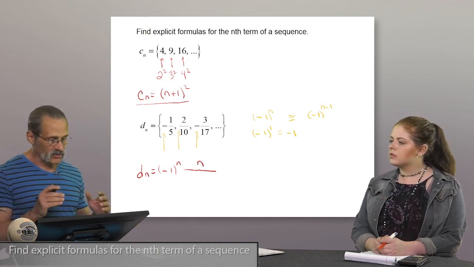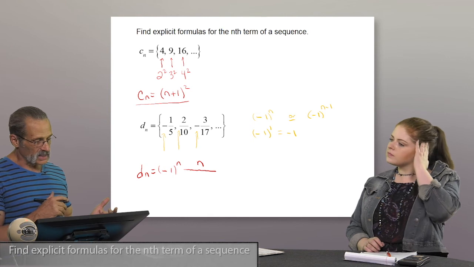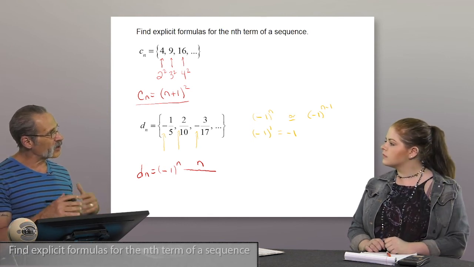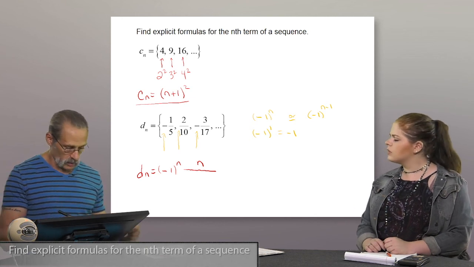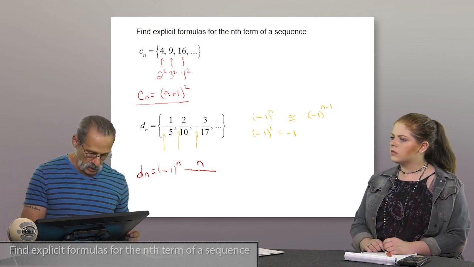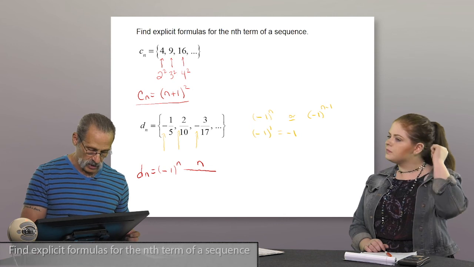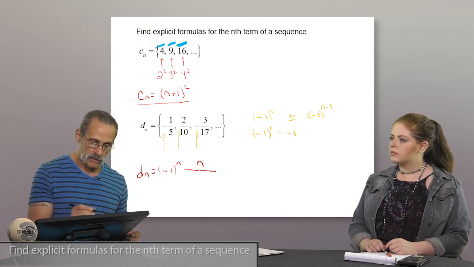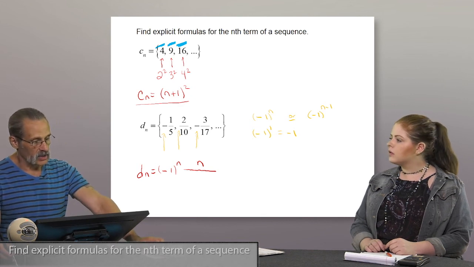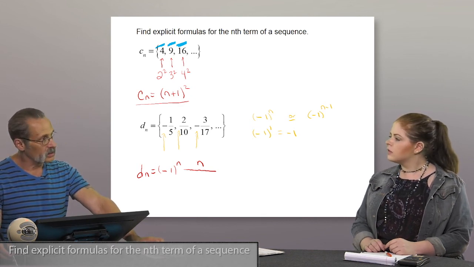And for 5, 10, 17, I'd say, well, gosh, what's the pattern here? Do they differ by the same amount? No. And if I was to give you a big old hint, I'd probably say something like, have you seen numbers close to them before? 5, 4, 10, 9, 17, 16. Yeah.